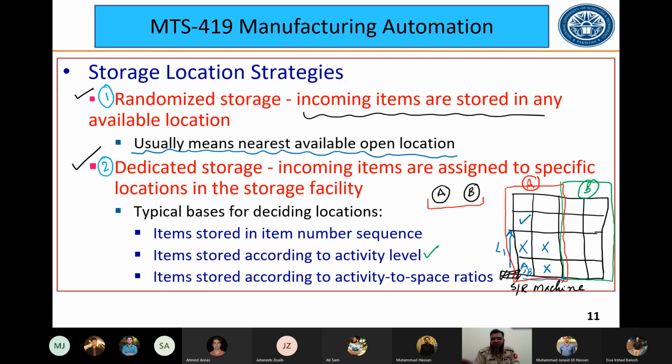Whether you have an SKU A or an SKU B, it will be placed at the nearest available location of the SR machine.